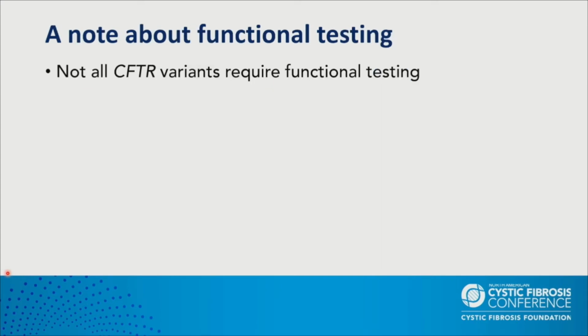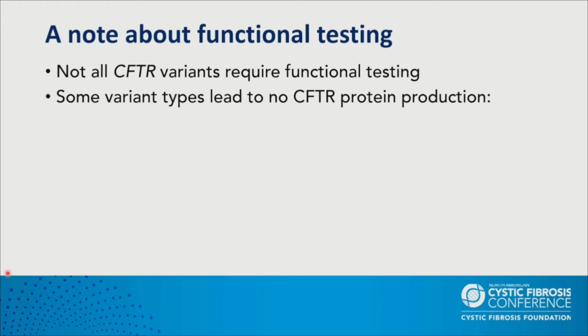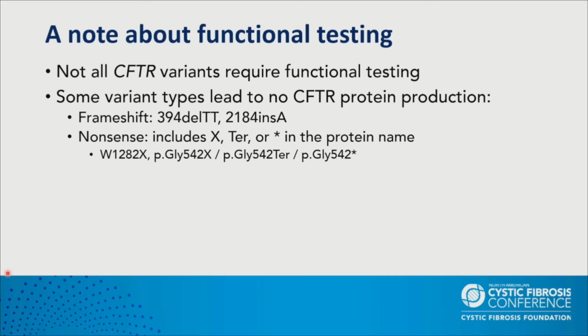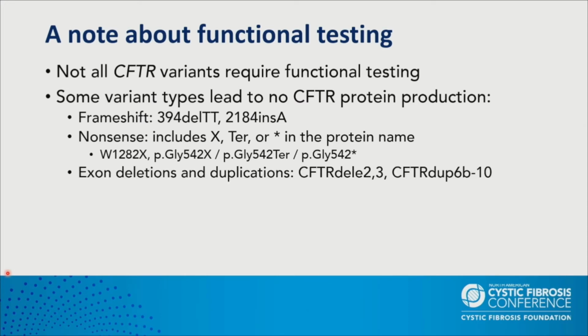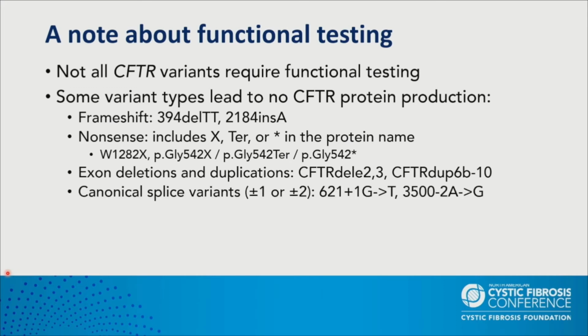So I'll give a very quick note about functional testing, and this will reiterate some of what you just learned. Not all CFTR variants require functional testing. There are specific variant types that we expect lead to no protein production. These are frame shift variants, and nonsense variants that you can determine are nonsense because they might have an X or an asterisk or a stop or a ter. Exon deletions and duplications, where you're missing large chunks of the gene, don't produce any protein.